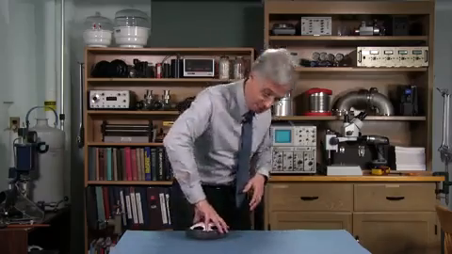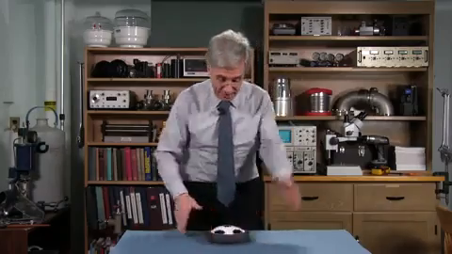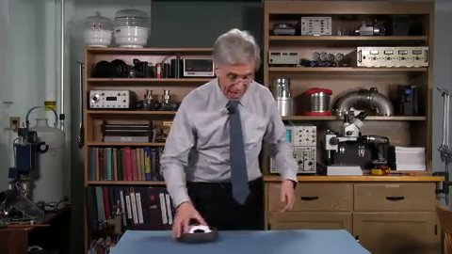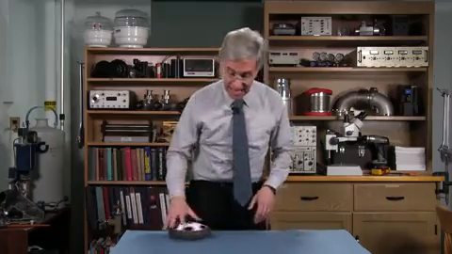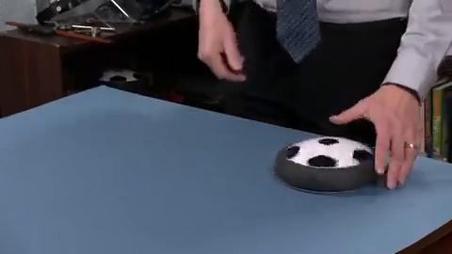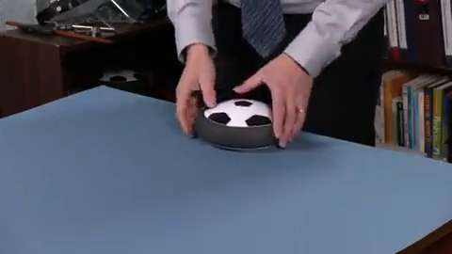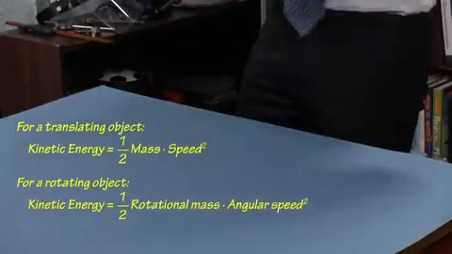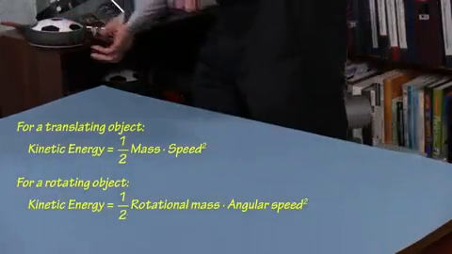Fast spinning wheels can therefore carry enormous kinetic energies, even when they're rotating in place. The wheels on a moving vehicle, however, are translating and rotating at the same time. What about their kinetic energies? It turns out that those kinetic energies add up.